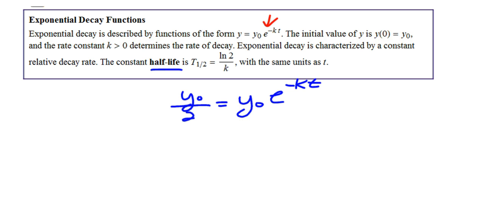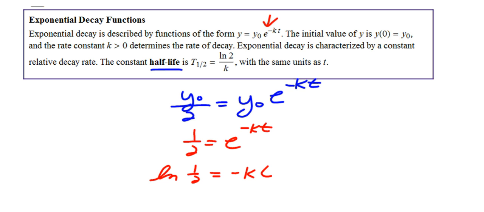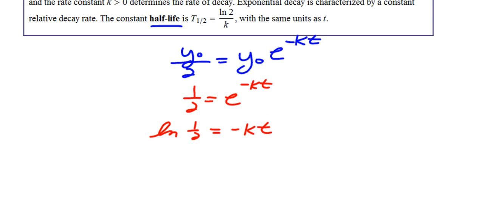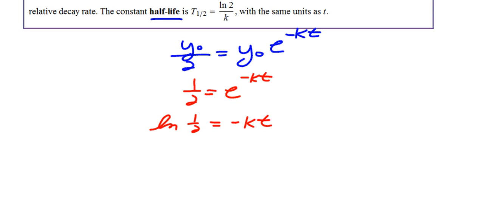I'm going to divide both sides by y naught. I'm going to take the natural log of both sides. And since I see a negative, I don't like that. So I'm going to change my left-hand side and say it's really ln of 2 to the negative 1 exponent.